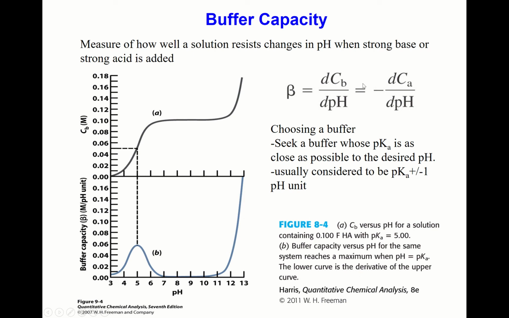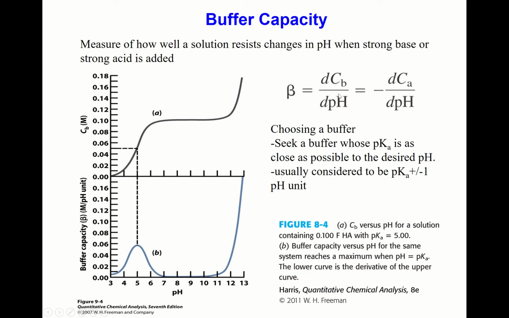And Cb is what? This is the concentration of strong base. So this is the definition. So high buffer capacity means what? To change a unit pH, you need a high concentration of strong base.